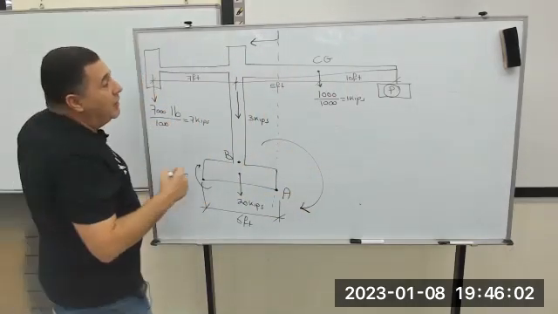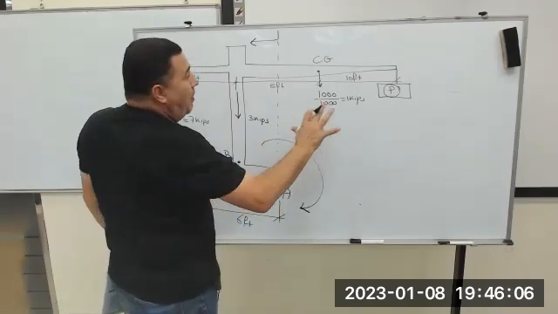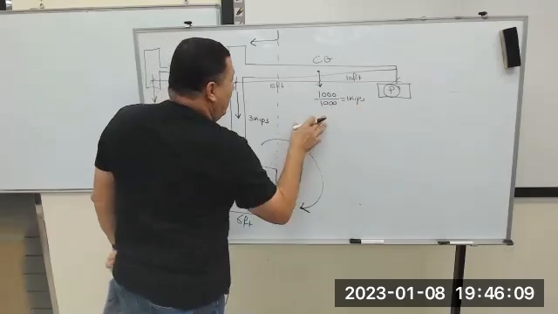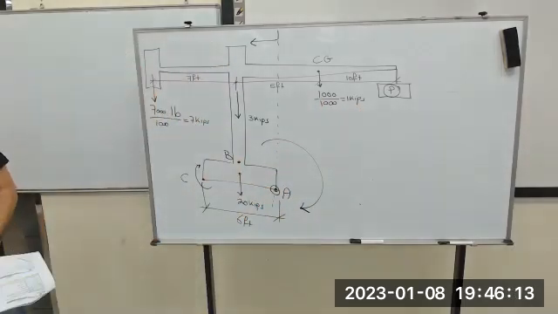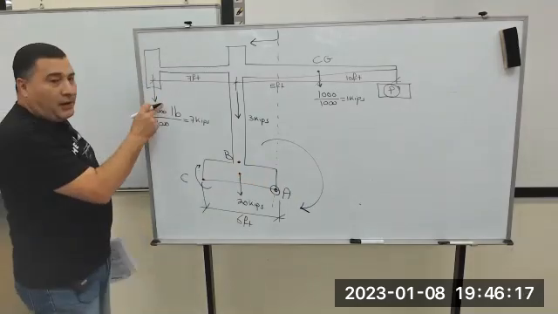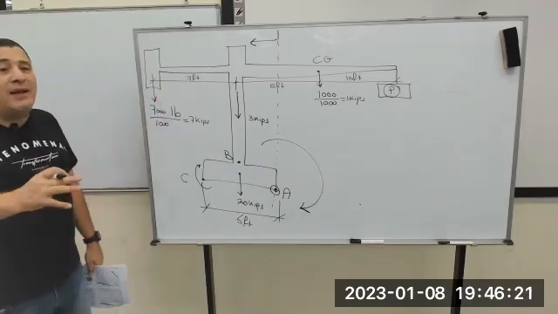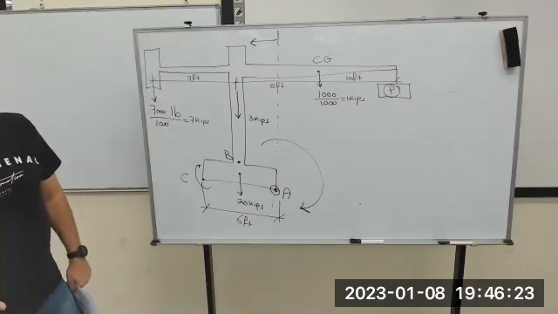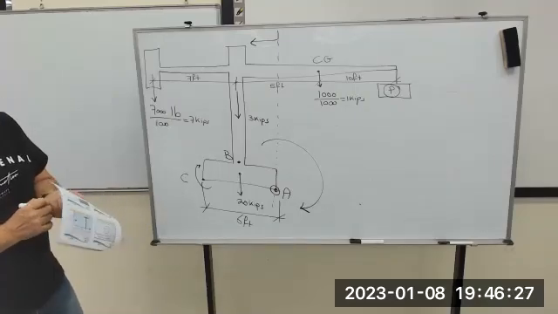So now, the equation is that the sum of moments produced from this load around this point should be 0. If more than 0, with the counterweight of 7,000 pounds, then for sure, 100%, it will collapse.